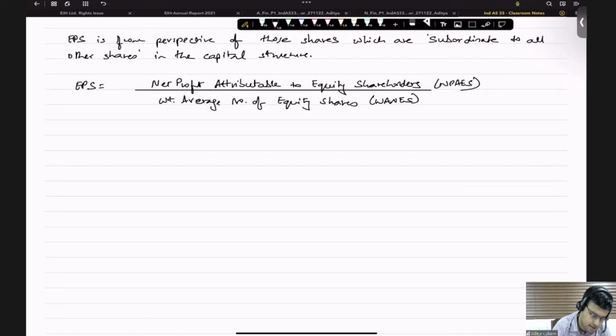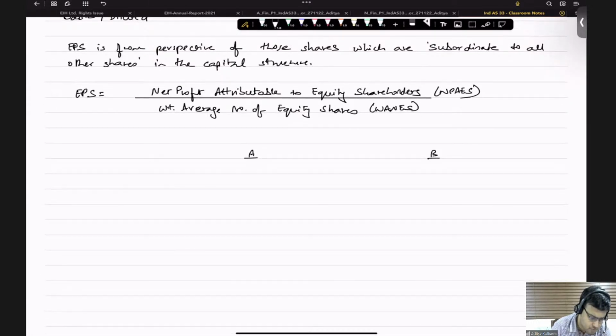Let us consider two entities, entity A and entity B. Now the PAT, profit after tax, of both these companies look something like this. Let us assume this is net profit attributable to equity shareholders, 1 lakh rupees.